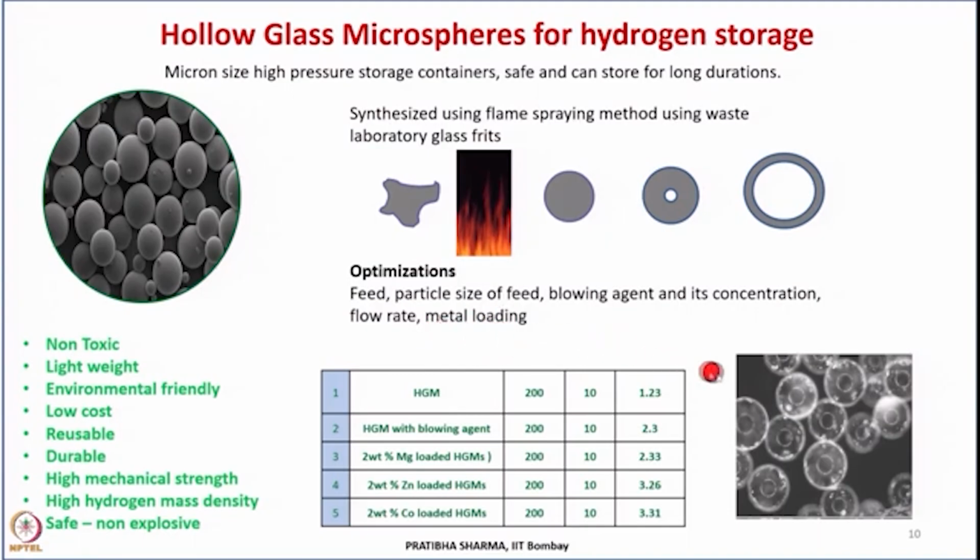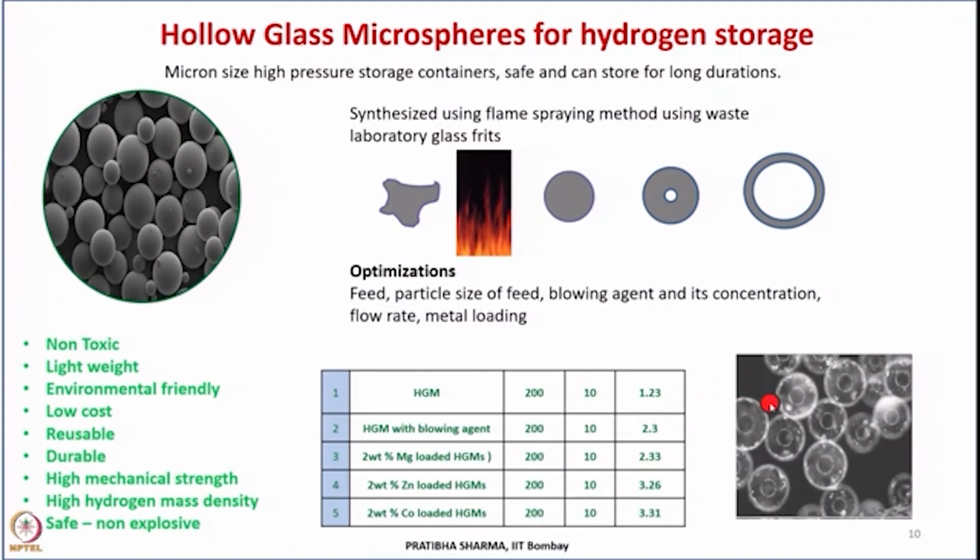These classes of materials are interesting in the sense that they have been reported to store hydrogen; say the charging could be carried out at 200 degree centigrade and 10 bar pressure, and it has been reported that these can store to a capacity of say 3.31 weight%, and this has been studied at IIT Bombay in our lab.